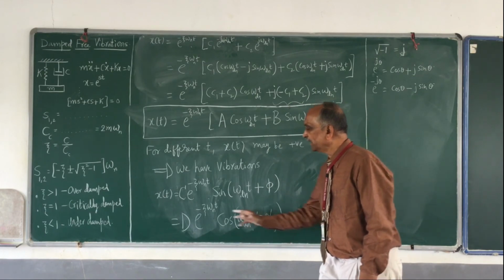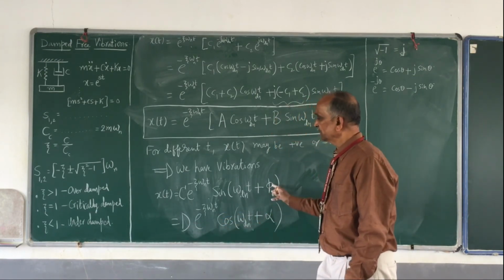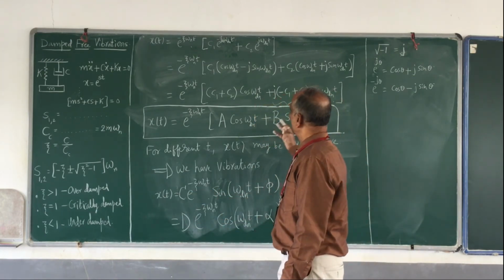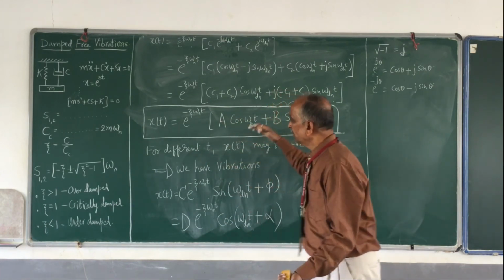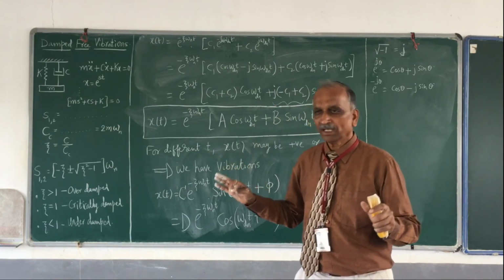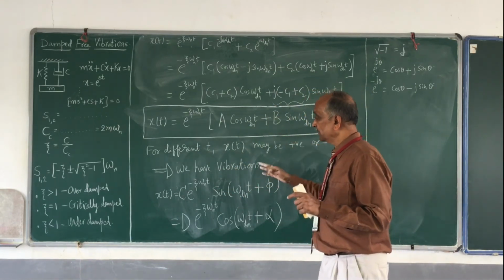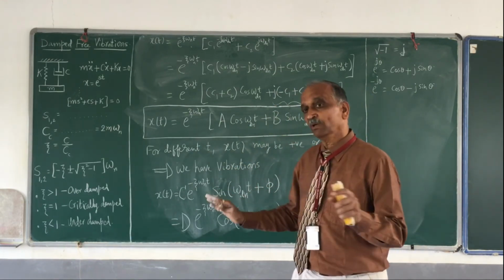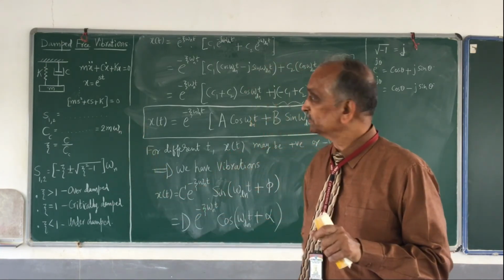So here alpha and D are constants, here phi and C are constants, here A and B are constants. All these three equations are one and the same.